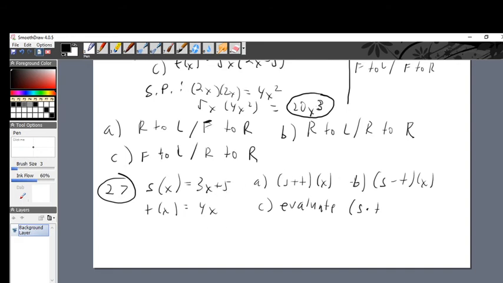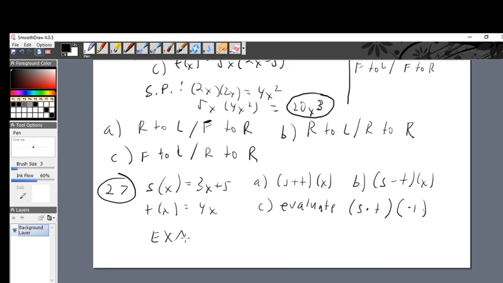This one you would add them, that one you would subtract them, and this one you'd multiply them, but they don't want s times t of x, they want s times t of negative 1. So we said do s times t of x first, and then put in negative 1 and find the number.